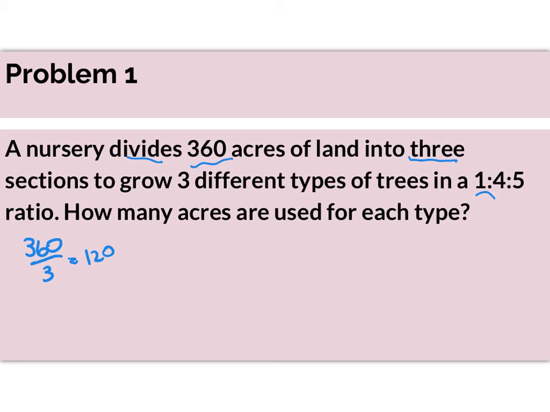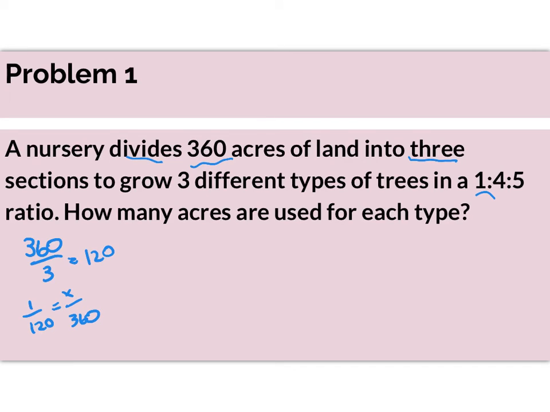So now we have 1 over 120 equals our total, because this proportion is for the strip. One type of tree, let's call it a peach tree. 1 peach tree for every 120 acres, along with all the other trees that are going to be planted. And we don't know how many trees are going to be planted in 360 acres.